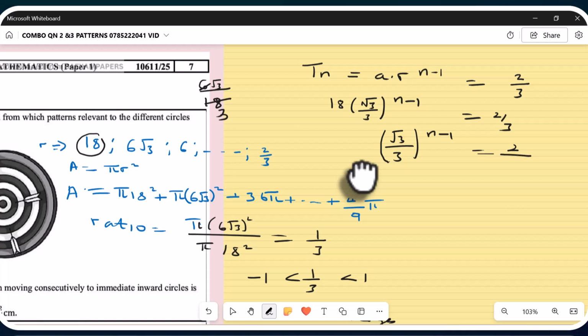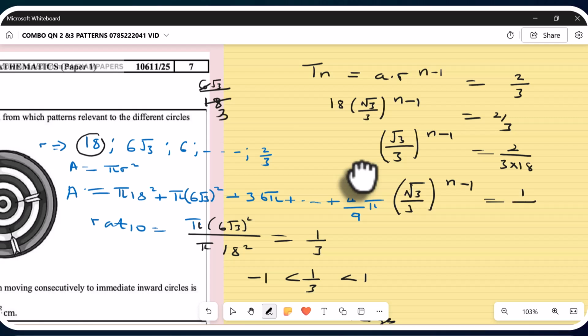So because now I have the same bases, I can simplify. What do I do here? I can equate the exponents, né? Now listen, I have negative a half, open brackets, into n minus 1 equals negative 3, right?